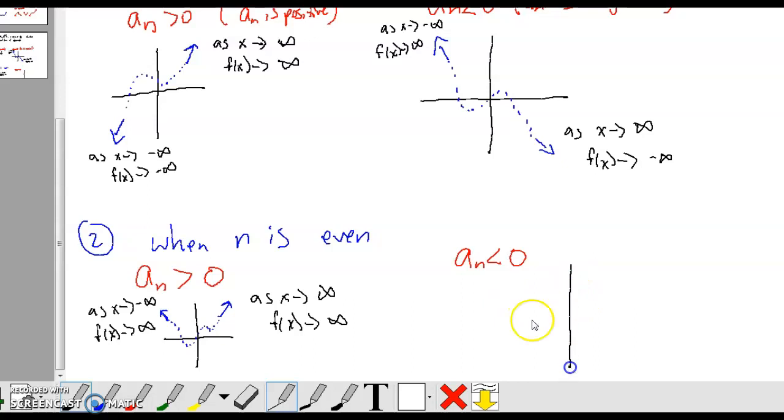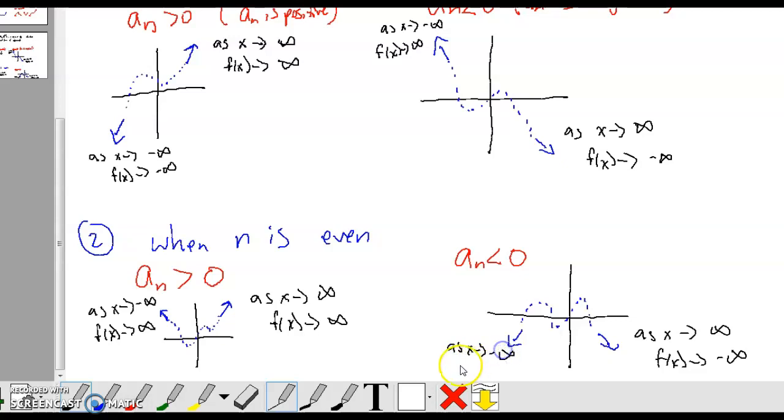So it's negative. So basically it's going to look like this. So maybe I'm going up and I'm going down and I'm going up one more time. So as x is approaching infinity, my f of x is approaching negative infinity. And over here, as x approaches negative infinity, f of x is approaching negative infinity.